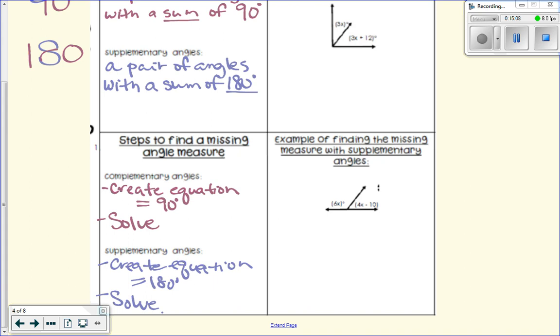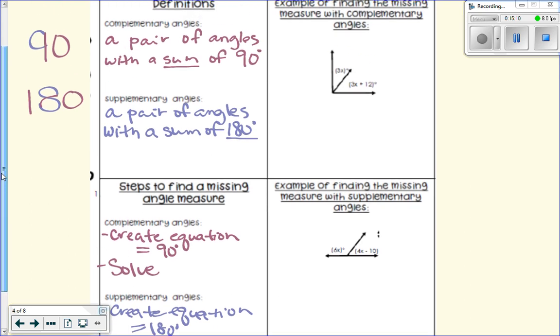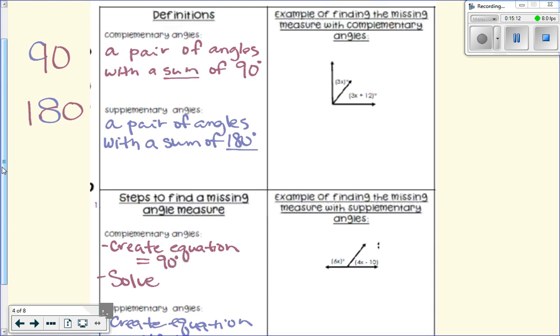So we have two examples here. Let's first look at the top one, the example of finding a missing measure with complementary angles. Complementary is what? 90 degrees. Notice this is a right angle. So when we add them up, they're going to equal 90 degrees.